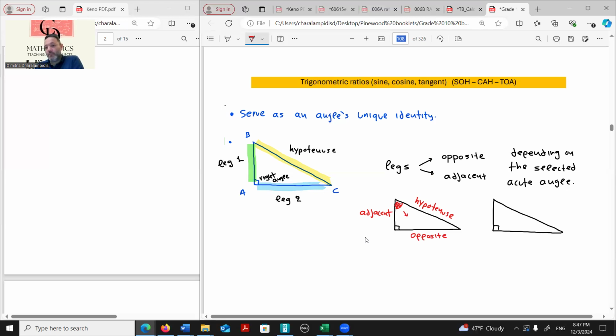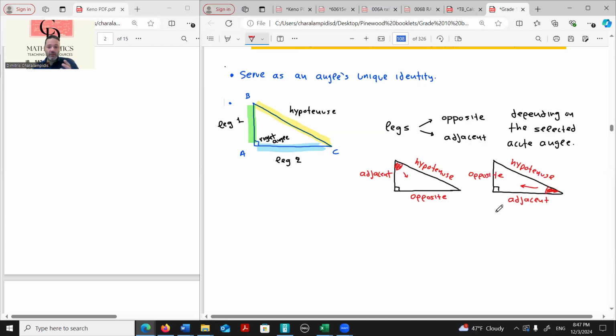If at the same time I select the second acute angle, yet again, this would have been the hypotenuse, but this time the opposite would have been this, while the leg that is connected to that acute angle would be referred to as adjacent. So we can see that there's only one side that has a fixed name, and that is the hypotenuse.